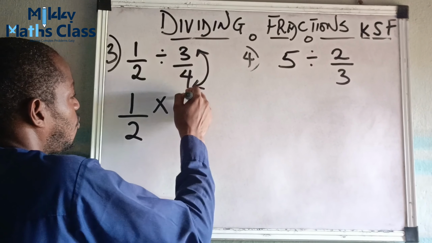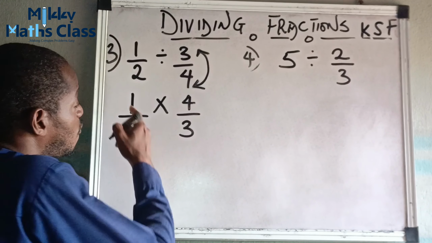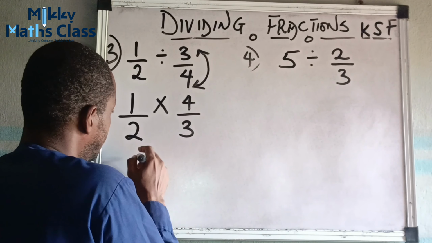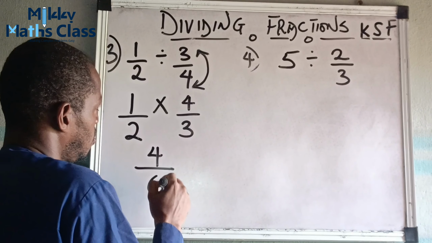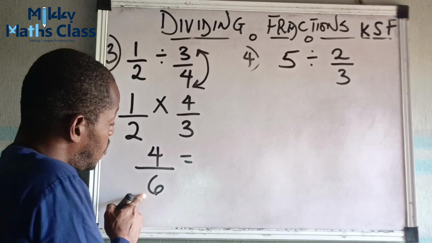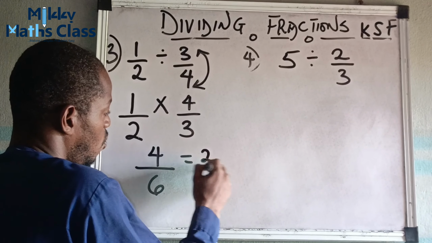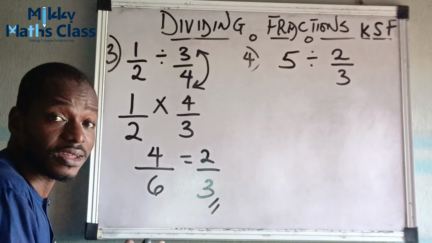So this is times 4/3. What do we have? 1 times 4 is 4, 2 times 3 is 6. So something can still go. 2 is a common factor. 2 in 4 is 2, 2 in 6 is 3. So 2/3 is our final answer.